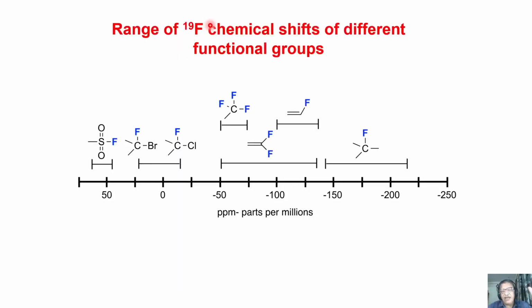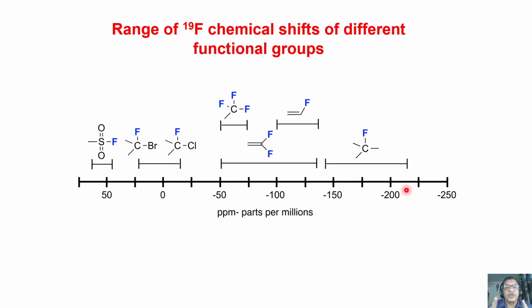Similarly, you can have ranges of chemical shifts for fluorine also. I don't want to go into the details. For different functional groups, if I say fluorine attached to a methyl group, it can come anywhere between these values. Of course, remember that some nuclei can go to negative ppm. With respect to CFCl3, when we measure, this can go even to minus 250 ppm, and this group comes somewhere between minus 50 to minus 200 ppm.